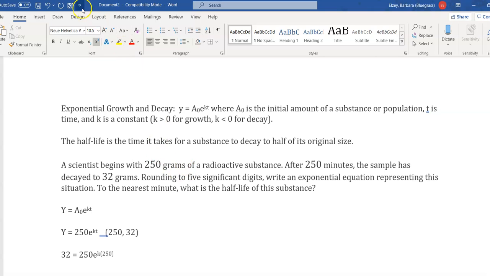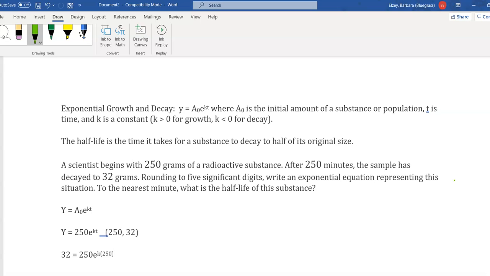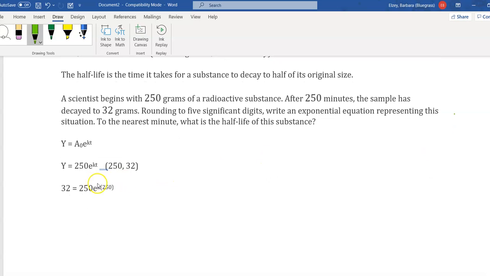All right, now, this is an exponential equation. Let's solve it. Our first step in solving an exponential equation is to get our exponent and its base by itself on one side. We've got this 250 in front of it, so it's not by itself. So let's divide out that 250 first, on both sides, of course.